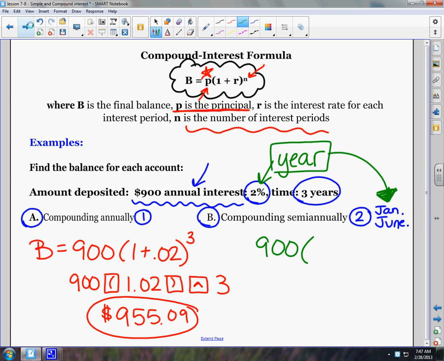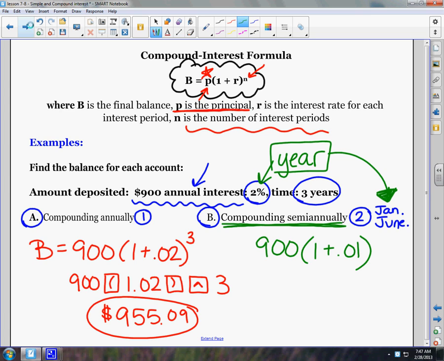So if this is compound semi-annually, that means it's going to happen twice in 1 year. You have to cut the percentage rate in half. So I would have 1 plus 0.01 because I'm going to get 1% in June and 1% in January, which would be a total of 2% for the year, but they're going to give it to me at different times. So I have to cut it in half.